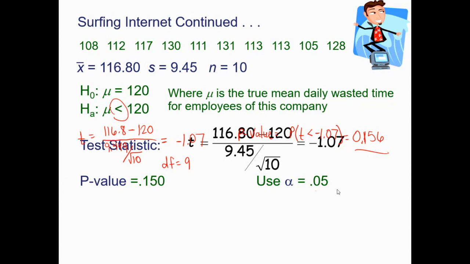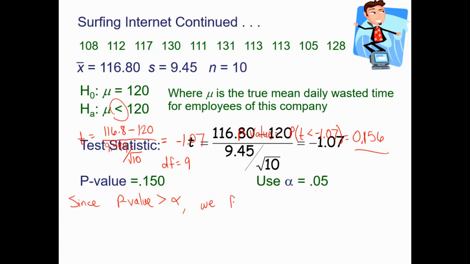Okay. So since the p-value is greater than alpha, what do we conclude? Fail to reject.